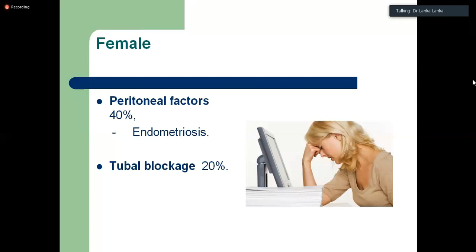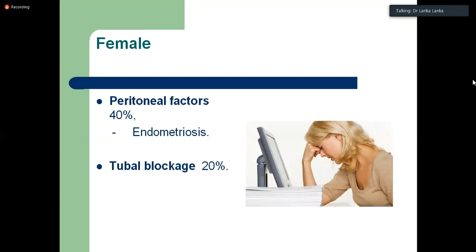So here the majority, endometriosis and subfertility have a big association. If you take a couple with the female partner having subfertility, you can find 40% of them can have peritoneal factors. For example, endometriosis, very mild, moderate, sometimes subclinical.